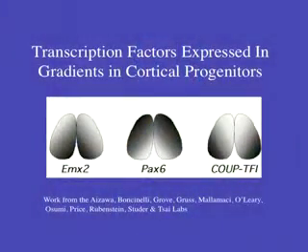I introduced the idea of molecular gradients in the developing cortex, and it's recognized that some of the major transcription factors that pattern the cerebral cortex are all expressed in bidirectional gradients. For instance, EMX2 is expressed high caudally and low rostrally, and also high dorsally and low ventrally.